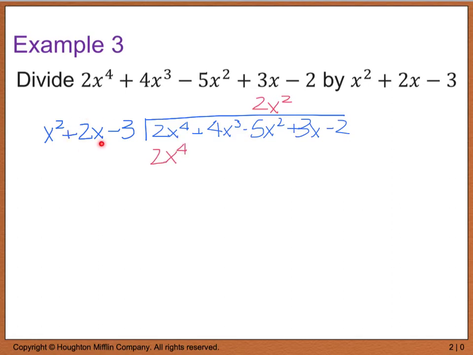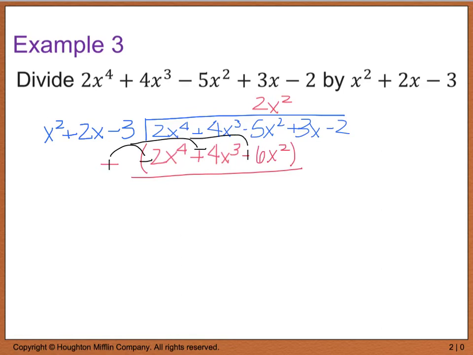Now I'm going to take 2x and multiply it by 2x squared, which will give me plus 4x cubed. And then I have minus 3 times 2x squared, which will give me negative 6x squared. Same process. Hug it with parentheses, slap a negative on it, distribute the negative.